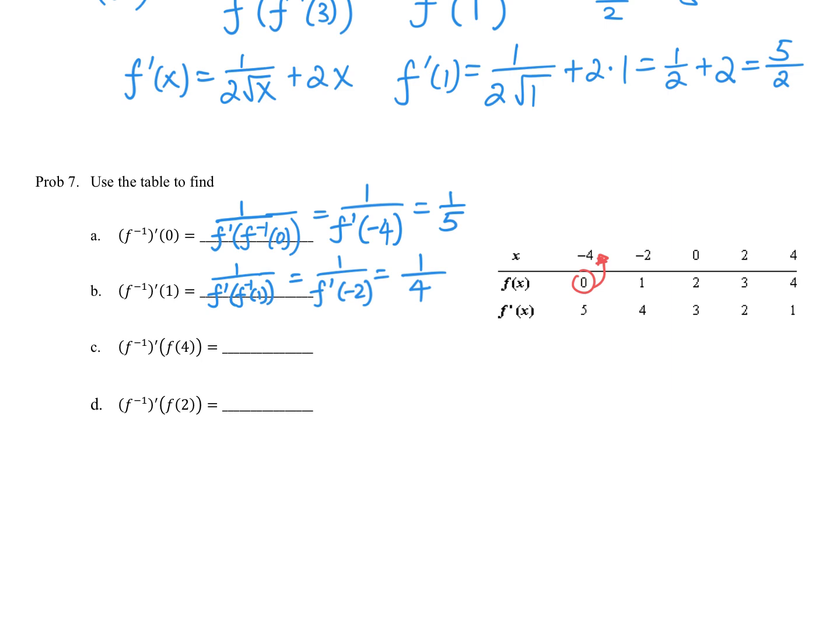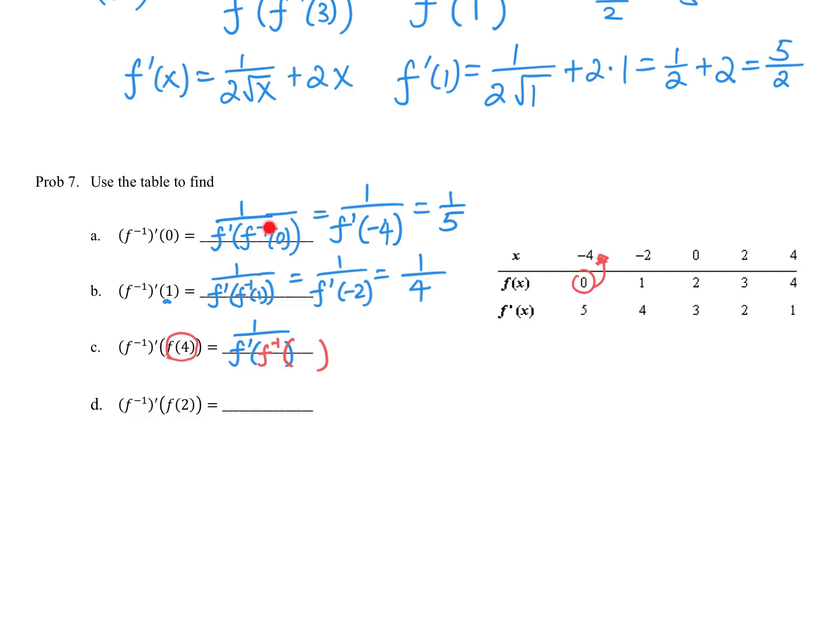The next one actually is easier than the first two because f of 4 is given there, and I know this is 1 over f prime of, I know this answer is going to be 4 right there. Now let me convince you that, according to the theorem, inside will be f inverse of this guy, right? Just like earlier, when this is 1, this is going to be f inverse of 1.